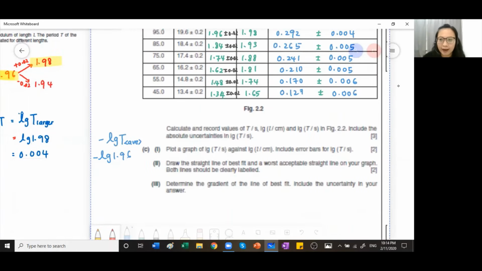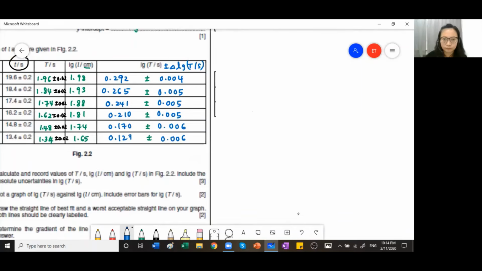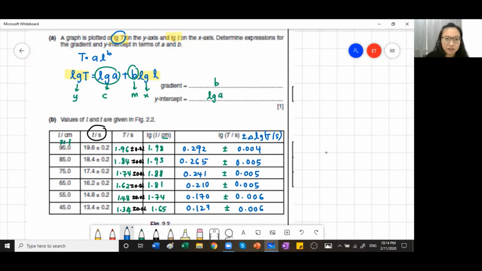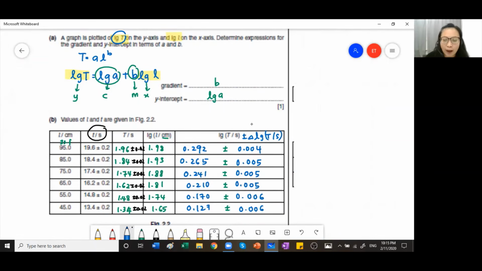The question told you that this graph is about log t against log L, and all your absolute uncertainties are log t uncertainties. Can you see that log t represents the y-axis? So therefore your error bar has to be a vertical error bar.